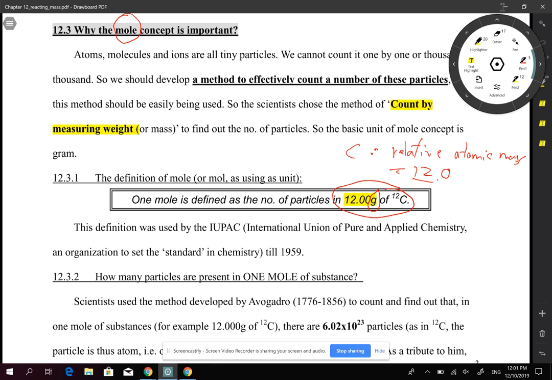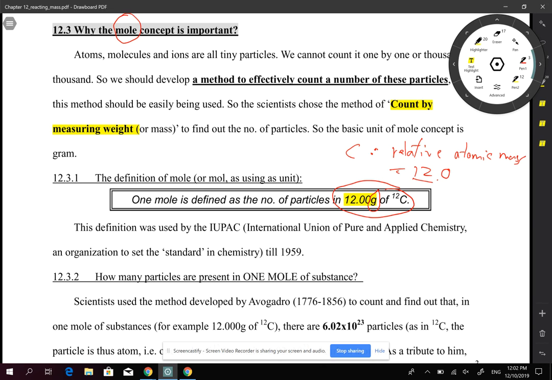Similarly, the relative atomic mass of hydrogen is 1.0. How can we find out 1 mole of hydrogen? Just weigh 1.0 gram of hydrogen. Understand? So the scientists decided to just put a unit after the relative atomic mass, and that is the weight of 1 mole of that substance.